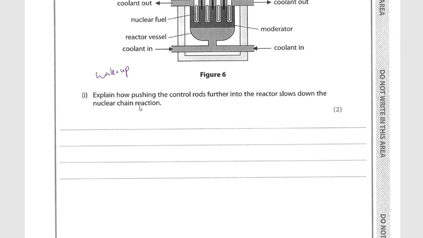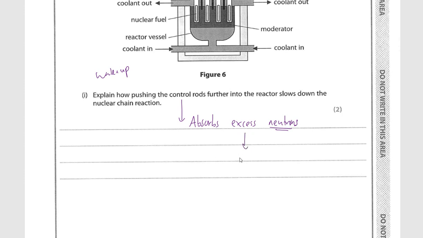Now why push in the control rod? What does the control rod do? The control rod is going to absorb excess neutrons. Now, what does this do?